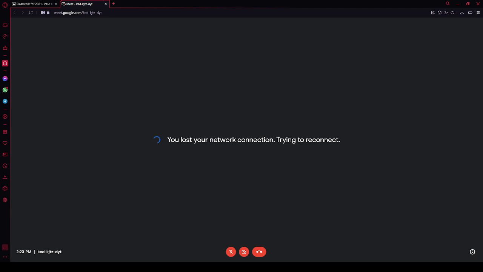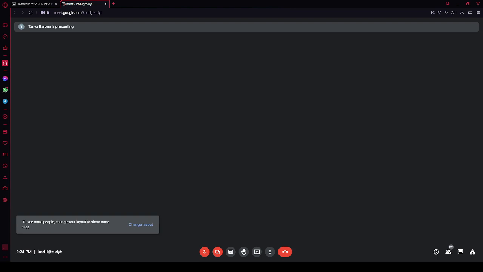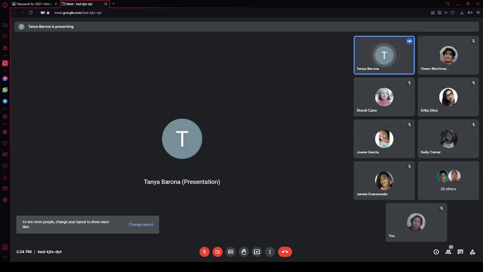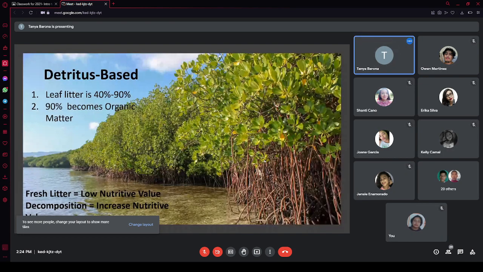So when these leaves fall, about 90% become... fresh litter is equal to low nutritive value, and as it decomposes, it increases the nutritive value.